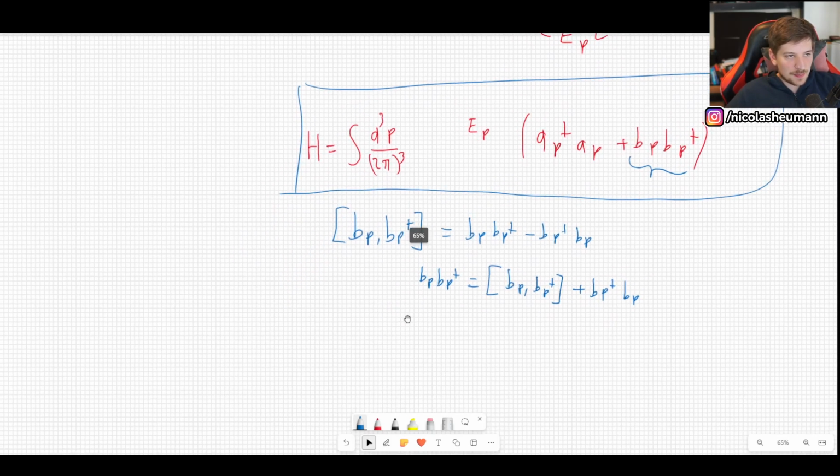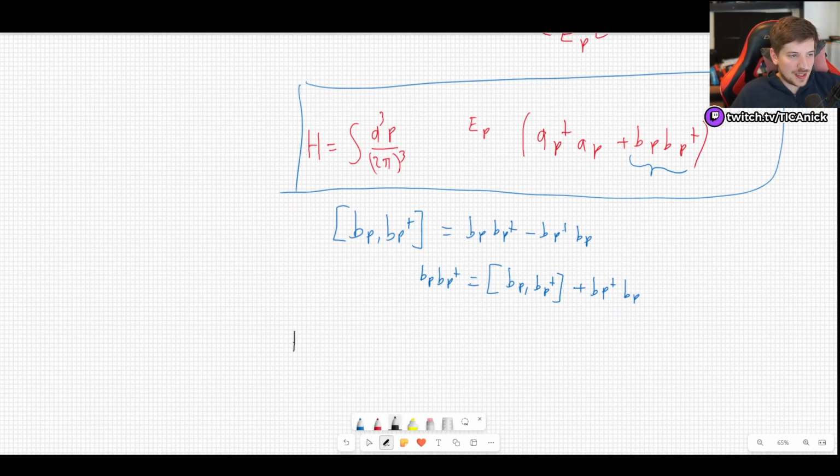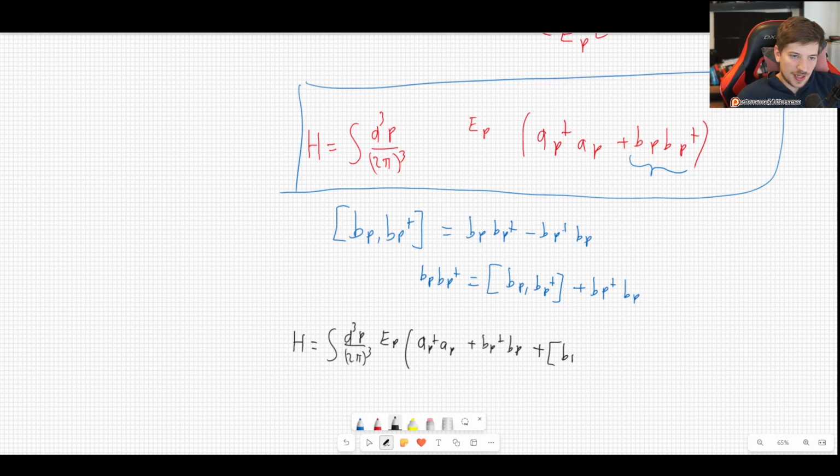So let's plug that in. With this, we get that the Hamiltonian is going to be the integral of d3p over 2 pi cubed, and then we have EP, AP dagger AP, and then finally BP dagger BP. And here we have the commutator.